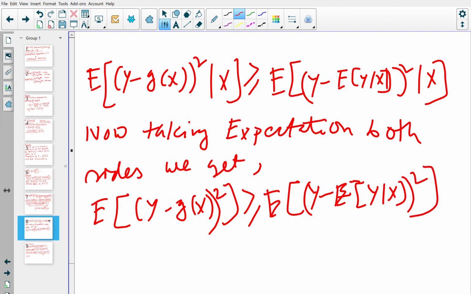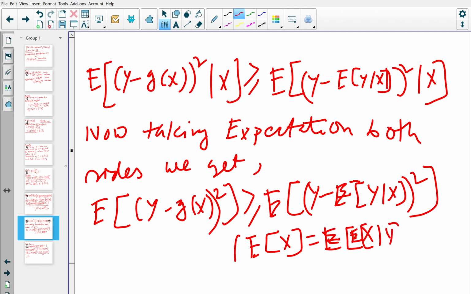This is true because, as you know, expectation of x equals expectation of x given expectation of y, there will be an expectation of y. With this formula we learn this. Okay, so using this formula you can find out that this quantity always follows this inequality.